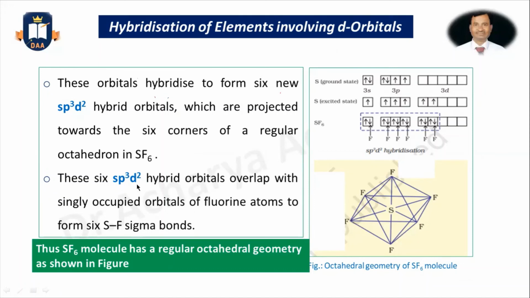These 6 sp3d2 hybrid orbitals overlap with singly occupied orbitals of fluorine atoms to form 6 SF sigma bonds. In this way, the SF6 molecule has a regular octahedral geometry, as mentioned in this figure.